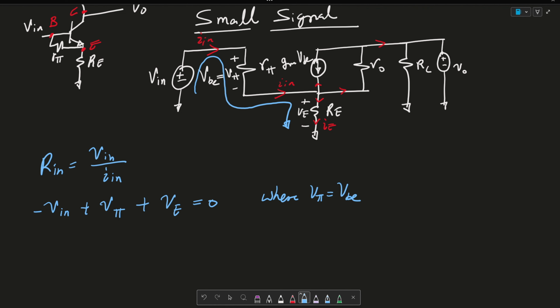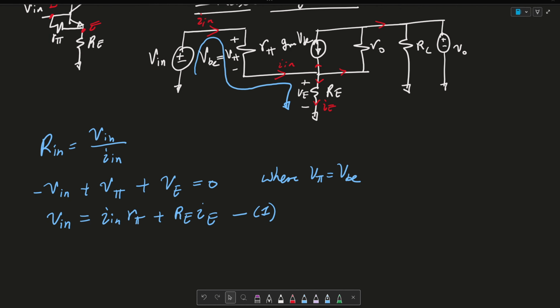So then Vn is equal to the current and resistance of V pi, which is In times R pi, plus Re IE. Let's say that this is equation 1.